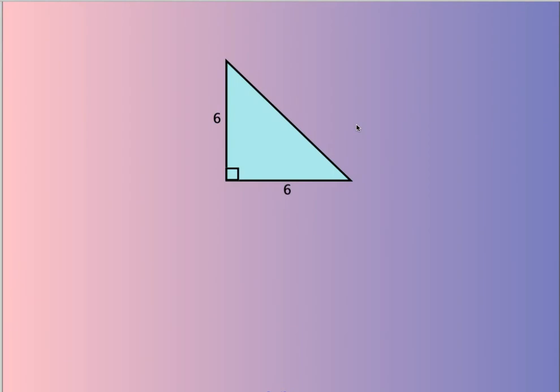This is the same triangle that we just saw in the question. So if I'm following my steps, I ask myself, is there a right angle? Well, look at that. There certainly is. Good. So I know half the name is right. And when I think about my sides, I'm saying, are they all the same? Well, these two are, and then this one looks way longer. If I wasn't sure, I could use a ruler.